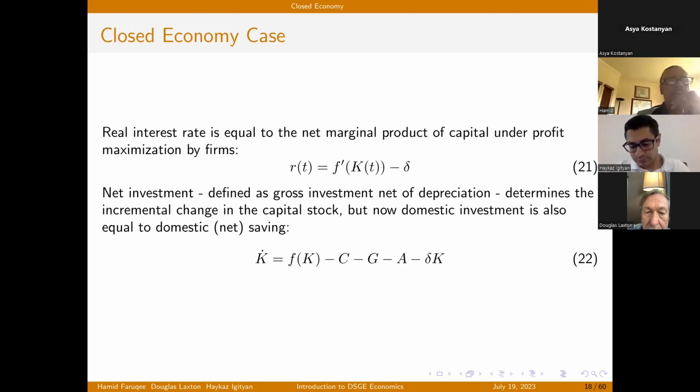In the case where we have these installation costs of capital, you have the evolution of the capital stock as a function of investment, which is f of k minus c minus g, minus those installation costs of capital, and of course the amount of capital that depreciates each period. So the right-hand side of equation 22 is related to net investment. Next slide, please.